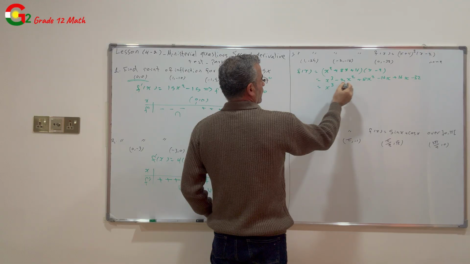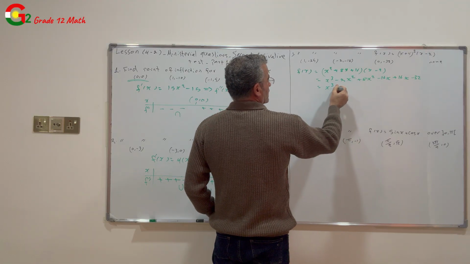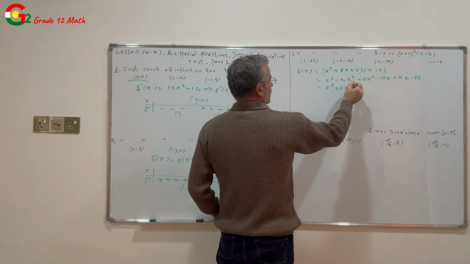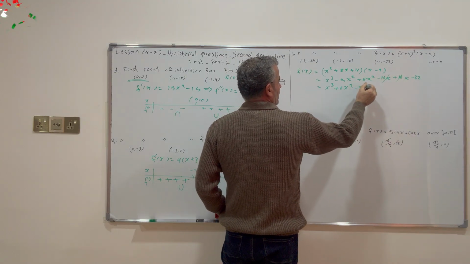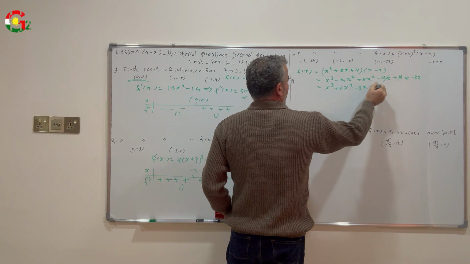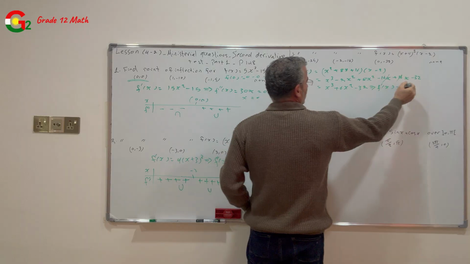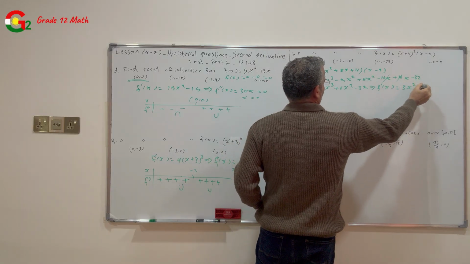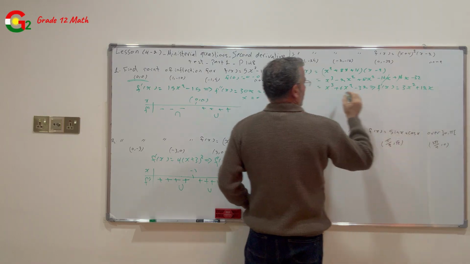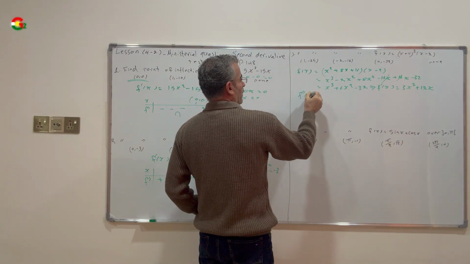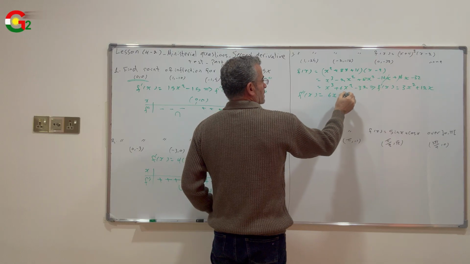Simplify it: x power 3 plus 6x power 2, negative 16 with positive 16, minus 32. Then f prime of x, the first derivative, is 3x power 2 plus 12x, and the second derivative, f double prime of x, will be 6x plus 12.